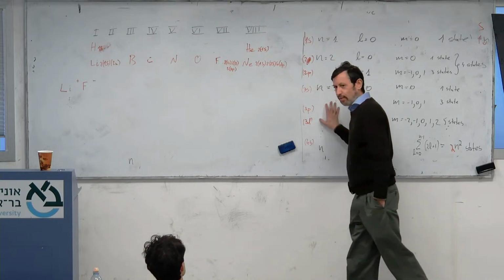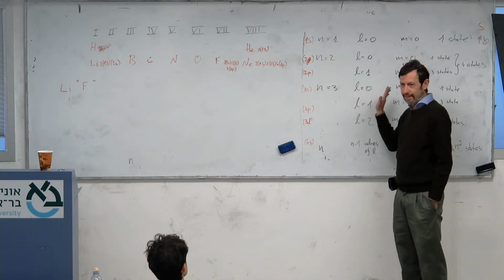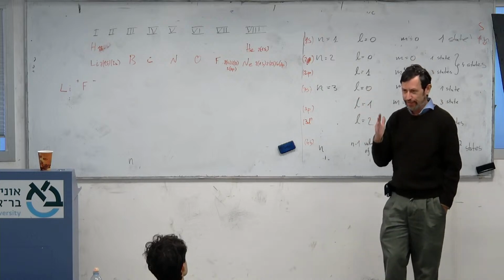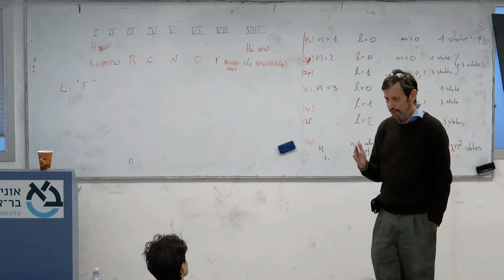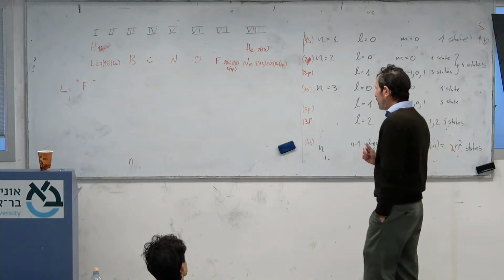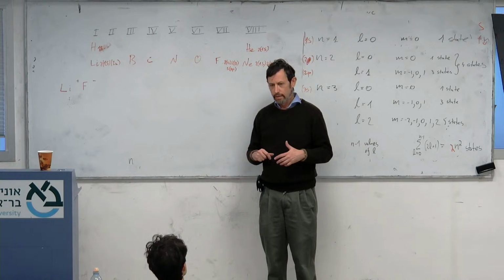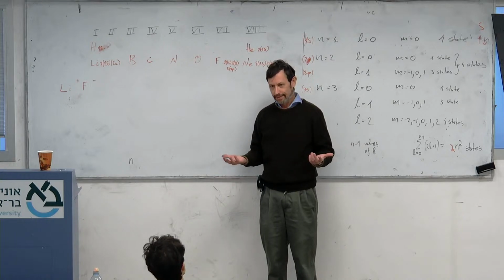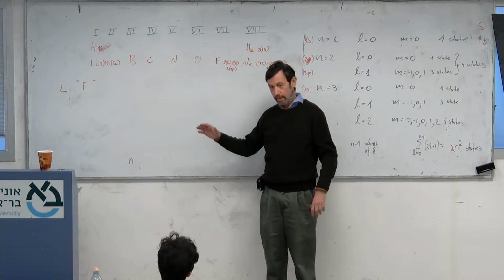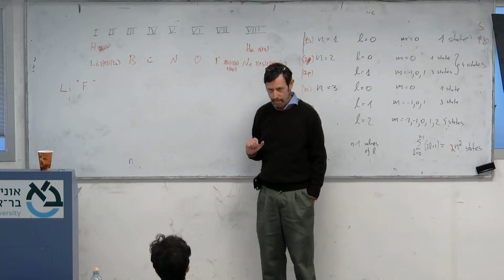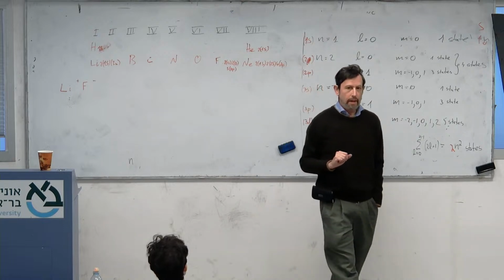From the simple structure of the solutions, N, L, and M, we learned a lot about the spectrum, but we haven't written down the full solution. And we should say something about scattering here. What do I mean? The case of E larger than 0.